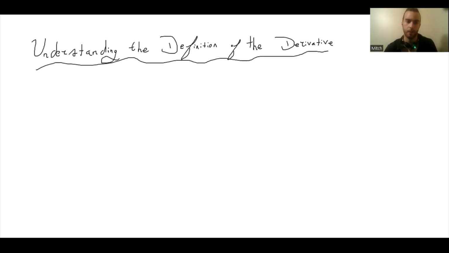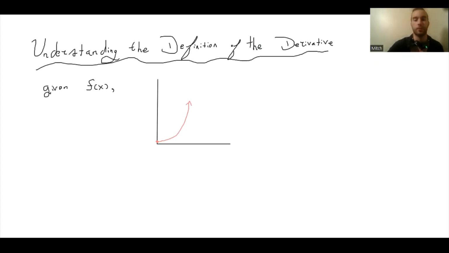So we're given some function f of x. Let me draw this visually. So this is f of x equals x squared. And the rate of change, the slope at each point, gives the values of the derivative.